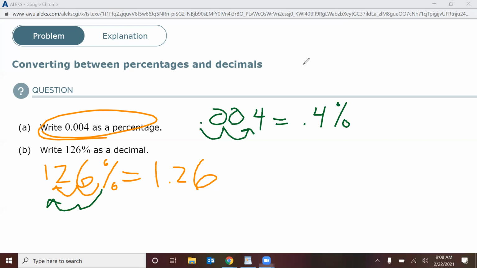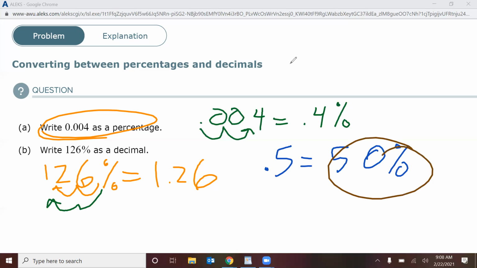The easy way that I remember to do this is to say, well, I know that 1/2 of something is 50% of that something. And then I say, okay, if I start with a percent and I want to make it a decimal, what am I doing in this simple equation?